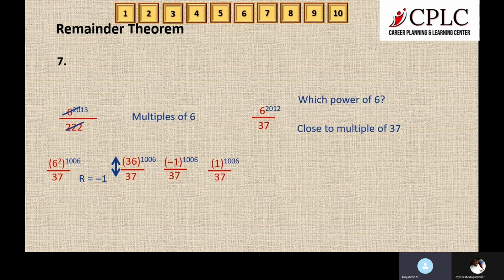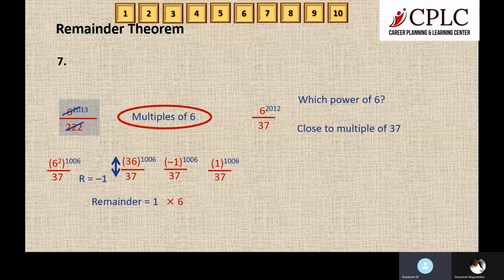But hold on, don't mark that answer, because that answer is for the question 6 raised to 2012 upon 37. We were not supposed to find that. We were supposed to find it for the earlier question from which we cancelled out 6 from both numerator and denominator. So to find the original answer, whatever we cancelled earlier as a common multiple, we'll need to multiply with that. So 1 into 6 is going to give us the answer as plus 6.